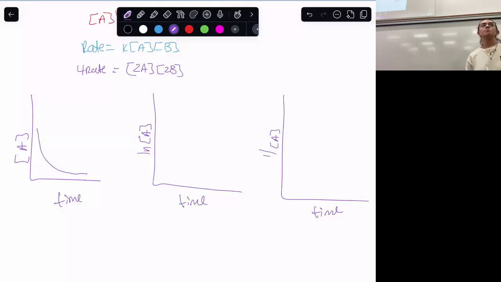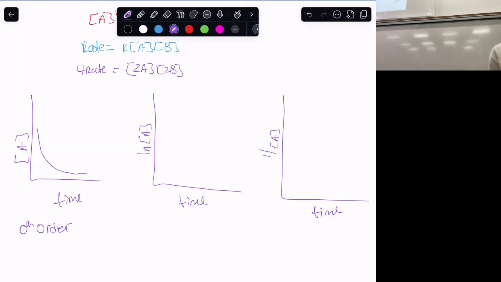For the first one? Yep. This will always be zero order. If you see something that just has concentration over time, then it's always going to be the zeroth order.